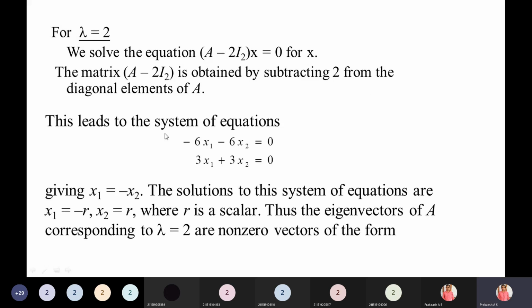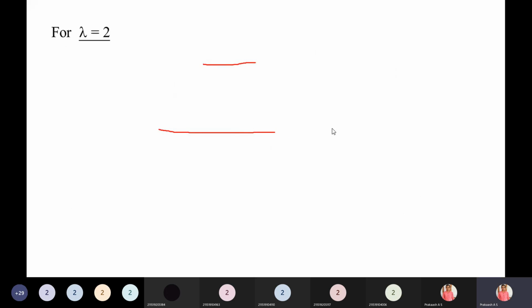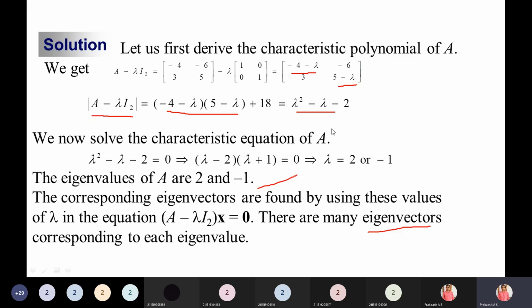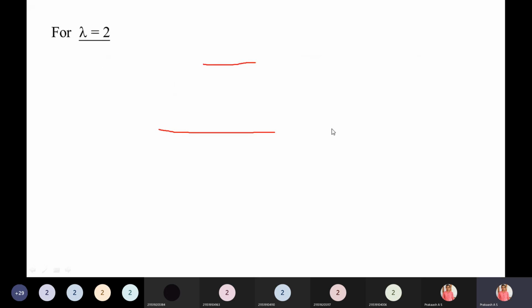What is a system of equations? A collection of two or more equations we call a system of equations. So from the matrix equation, we are getting this system of equations. So how are we getting it? What is the A matrix? A matrix is -4, -6, 3, 5.